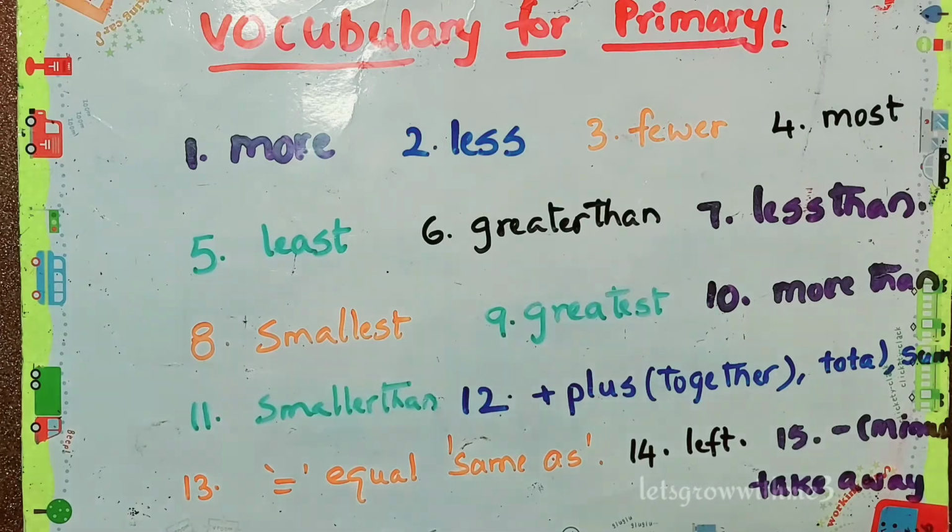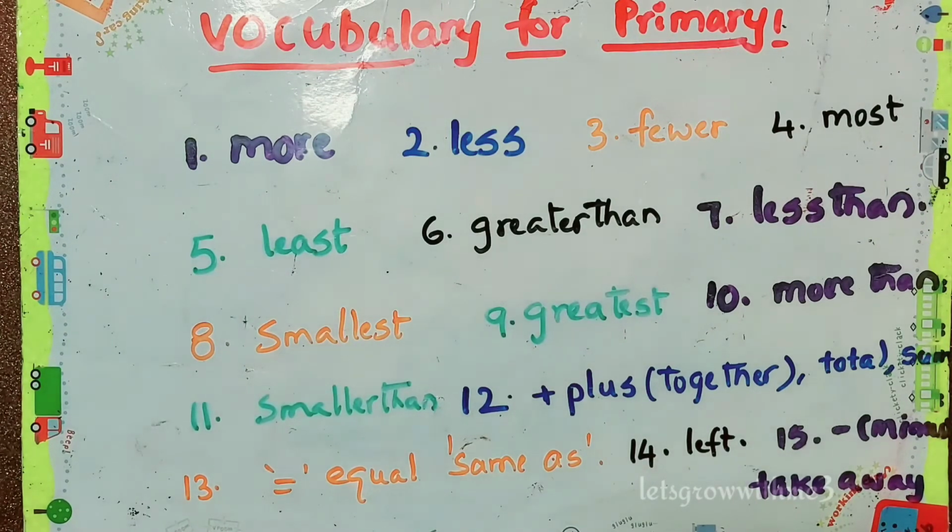Next we have plus, which we can also call together, total or sum. These are all synonyms for plus. If you say directly plus, or add, or together, total, sum, we need to do the addition operation, between two objects or between groups of objects.